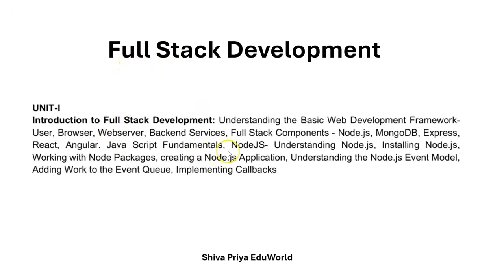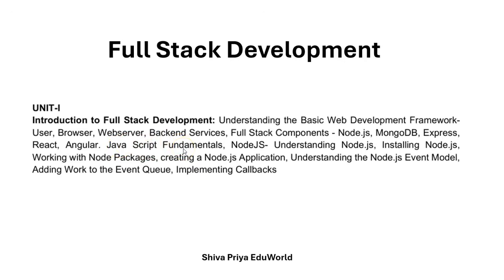This is the syllabus of full stack development unit 1. This is completely about the introduction to full stack development, understanding the basics of the web development framework and user, that is user, browser, web server, backend services, how it will work, and full stack components, that is Node.js, MongoDB, Express, React, Angular. These are all the full stack components.